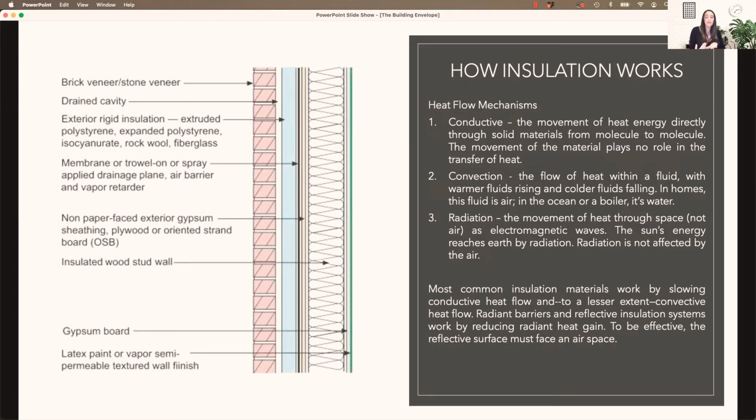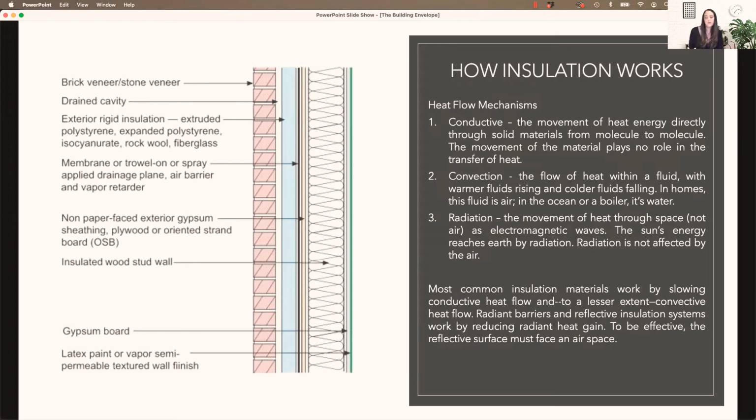It could be in the air, it could be in water as well. And then radiation. That's when heat radiates throughout a space through electromagnetic waves. And the sun is an excellent example of a radiant heat source. So we receive heat from the sun, which is radiating out into the atmosphere.